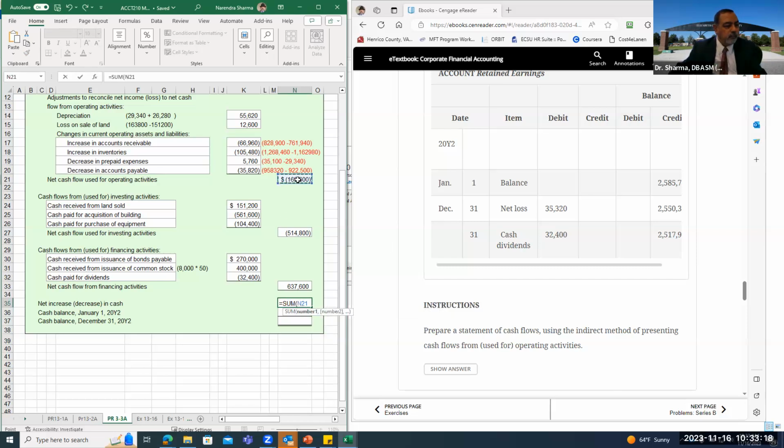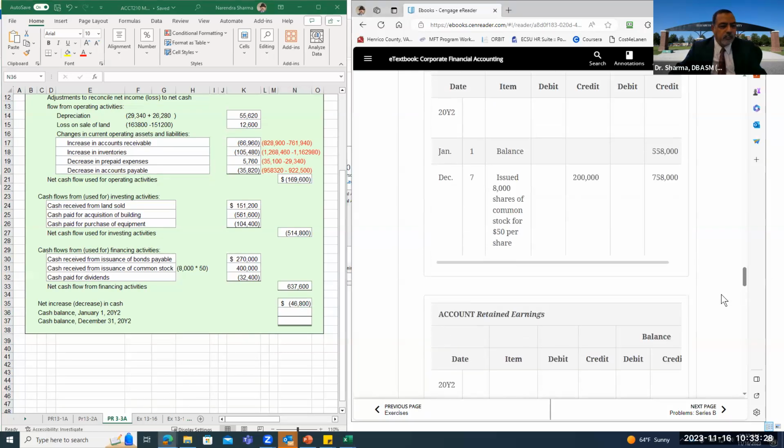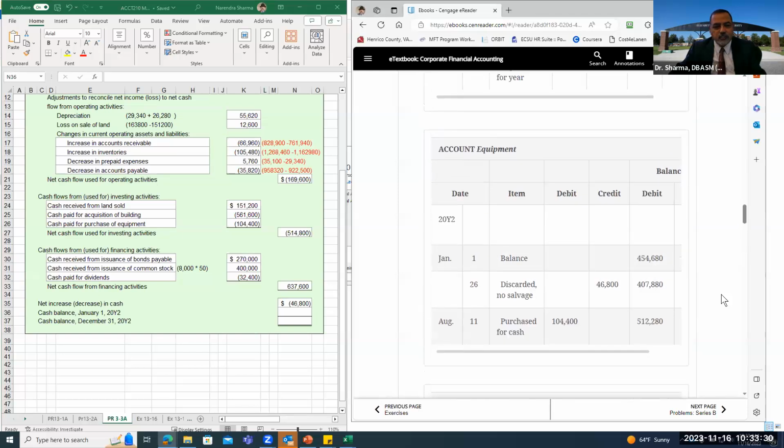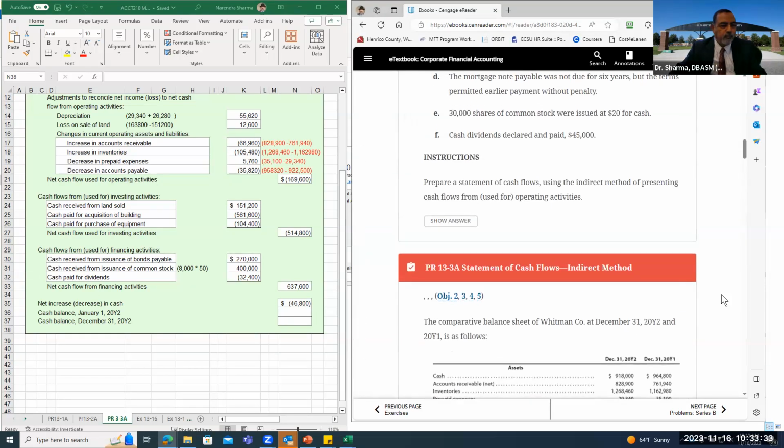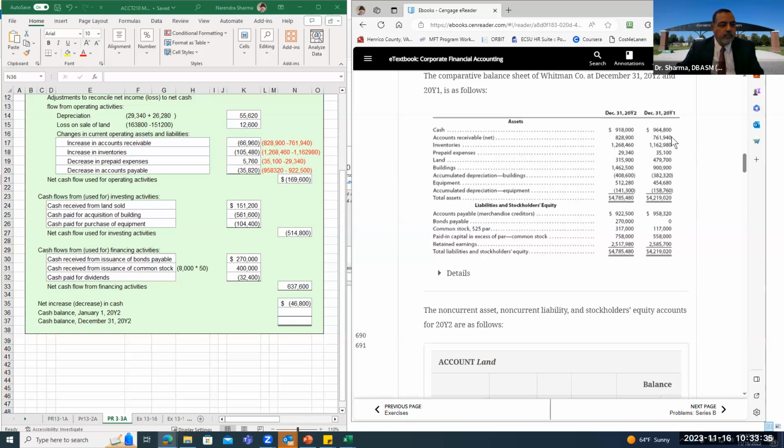Of course, I will do the summation of these three activities and get a net amount of minus 46,800. Now what we can do is we can go up and look at the balance sheet. Here, balance sheet previous beginning of the year was 964,800.